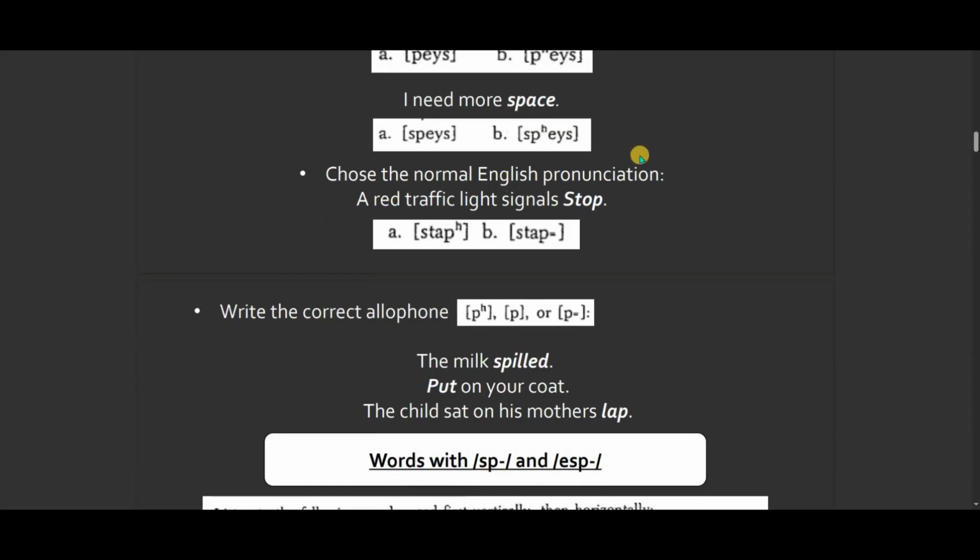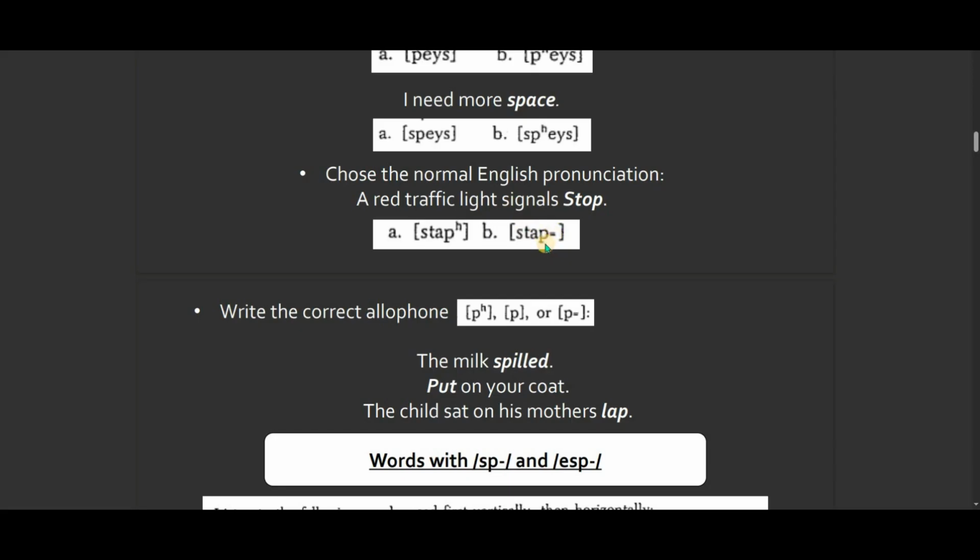Choose the normal English pronunciation. A red traffic light signals stop. We're talking about the last P right here. Will it be aspirated, unaspirated, or unreleased? In this case, it will be unreleased, right? Stop. So in that case, it is the P with the equal sign at the end.